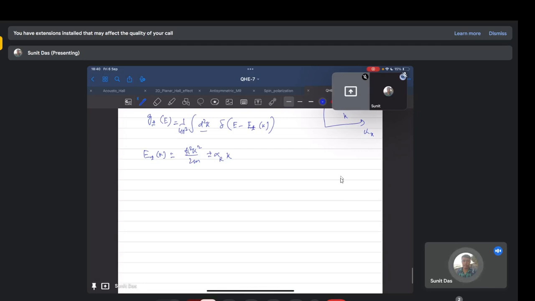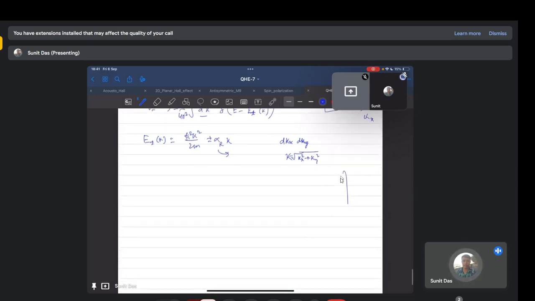Now this d2k includes dkx dky, and when I write k in the energy expression, it is actually kx square plus ky square. So k square is simply kx square plus ky square.